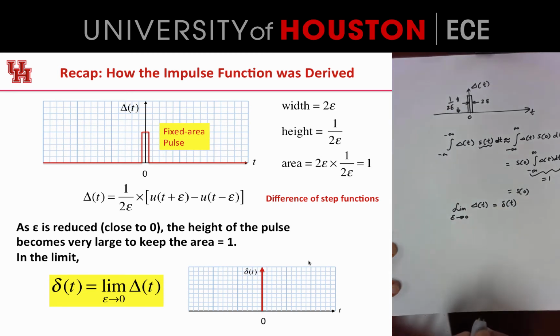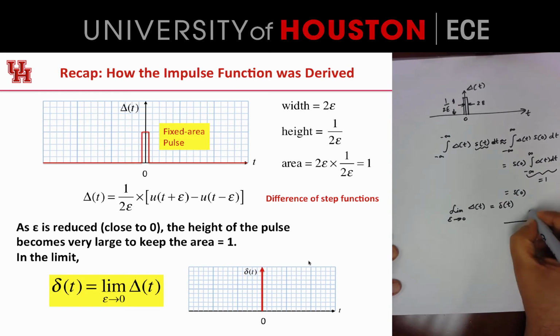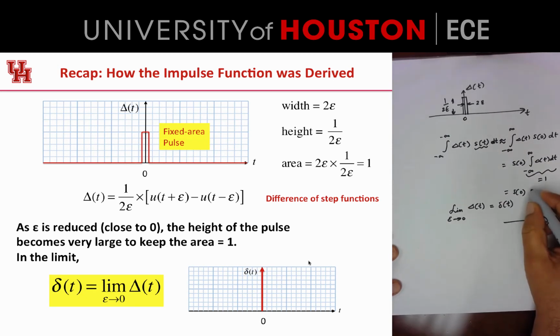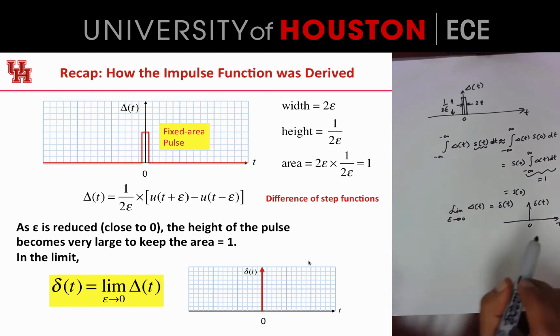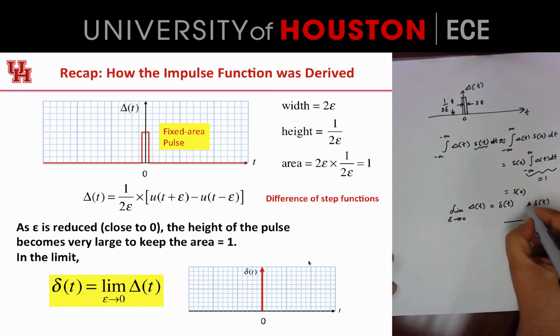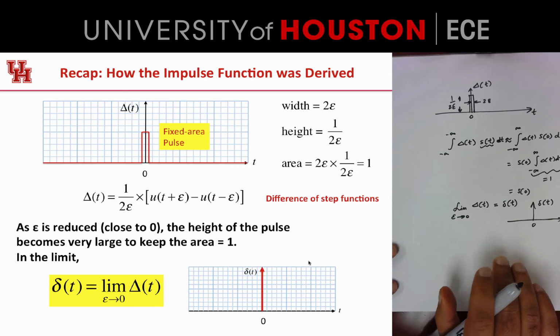This is the Dirac impulse function, and we can sketch it like this. It goes kind of to infinity, and this is your time t. The important thing about the delta function is that, even though it goes to infinity, its integral stays 1. That's an important thing to keep in mind. We shouldn't forget that.